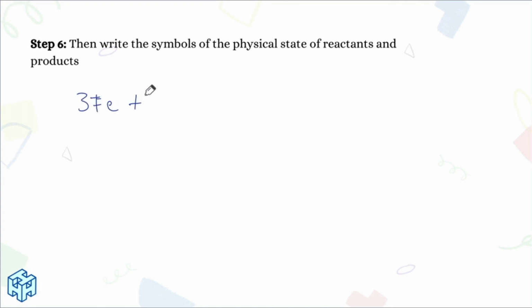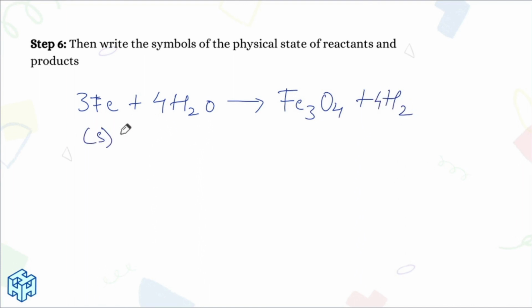So 3Fe plus 4H2O gives rise to Fe3O4 plus H2. Now Fe, it's iron, it's solid. S means solid. H2O, what is it? Aqueous, liquid.